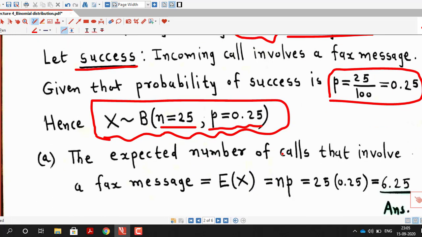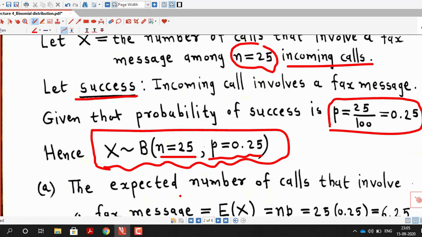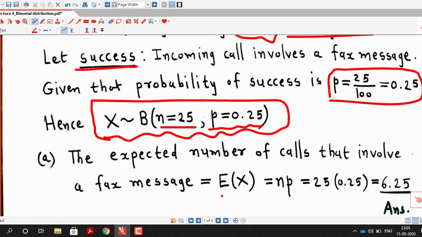Therefore the expected number of calls that involve a fax message is the expected value of this random variable X. Because X is a binomial random variable, we write down the formula for the expected value, that is n into p. So the number of trials is 25 and the probability of success is 0.25, so we obtain 6.25. So the expected number of calls that involve a fax message is close to 6.25.